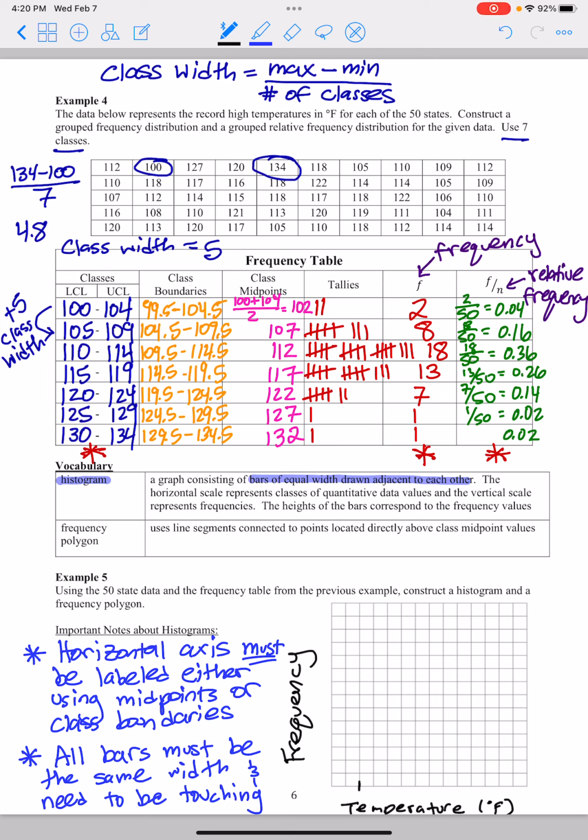I'm going to make this 102, and then the next one 107, and then 112, 117, 122, 127, and the last one, I'm going to run out of room, will be 132. On my vertical axis for my frequency, I'm going to go by 2s because I need to get all the way up to 18.